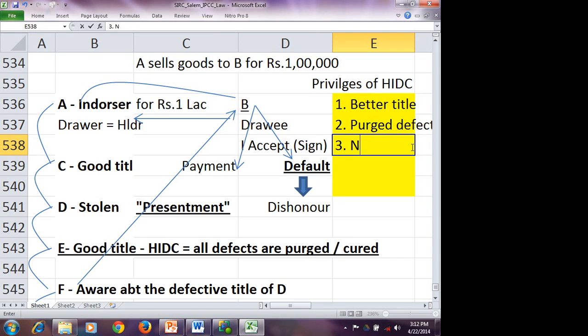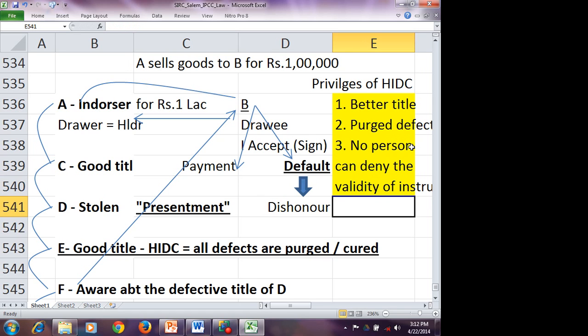Three is what? No person can deny the validity of the instrument against a holder in due course. Let's assume that A has drawn the instrument on B using coercion and undue influence. A places a pistol on B and says, make the signature.